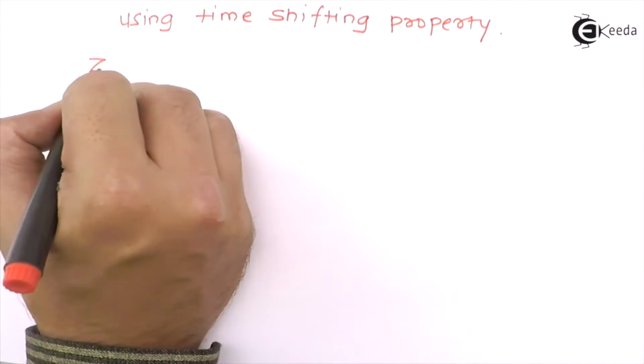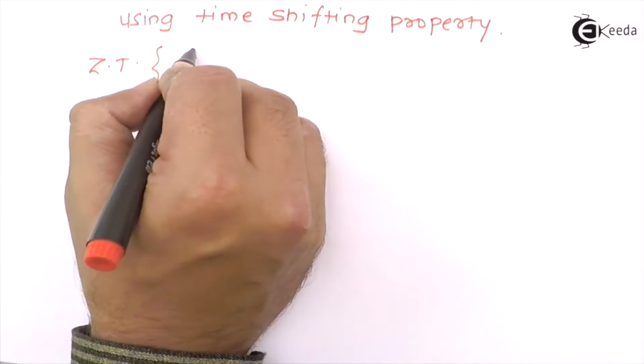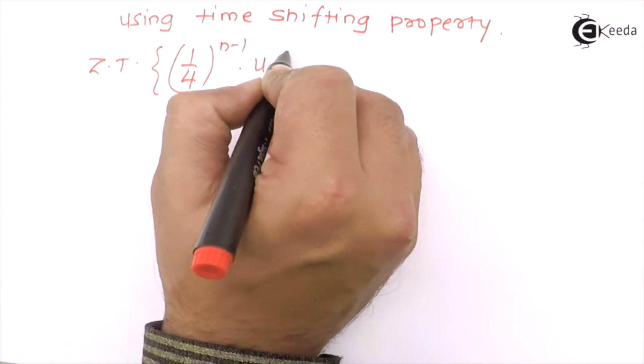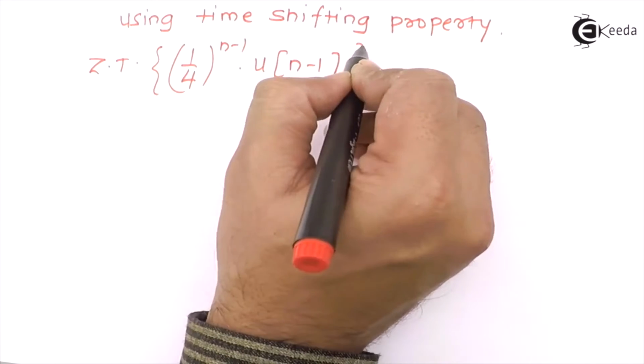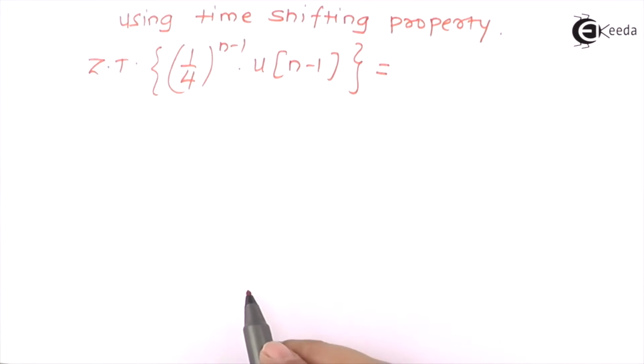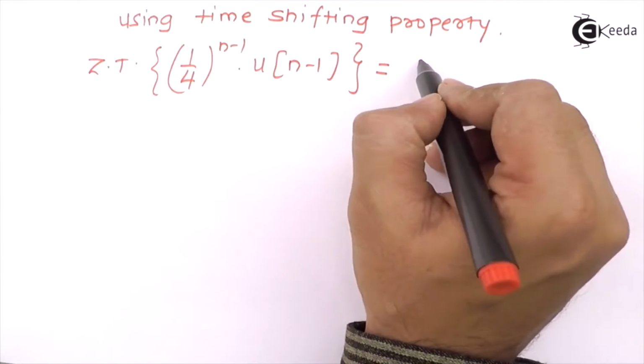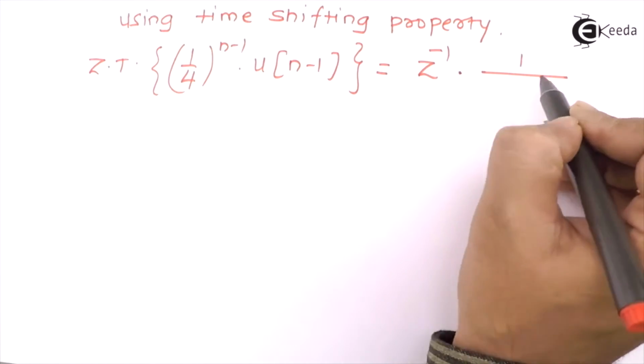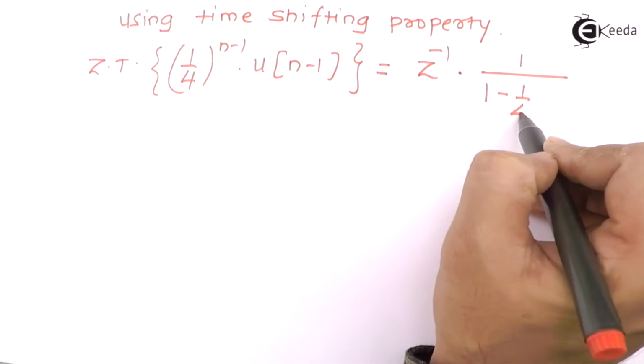So in the end, the Z transform of (1/4)^(n minus 1) u of n minus 1 will be, since it is shifted by 1, Z inverse needs to be multiplied with the Z transform of the earlier signal.